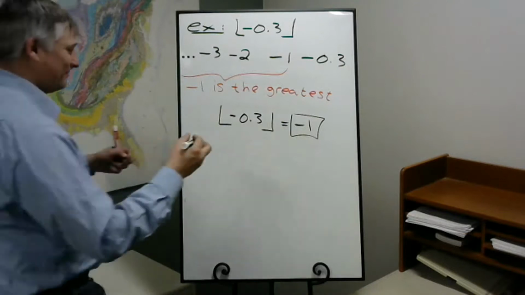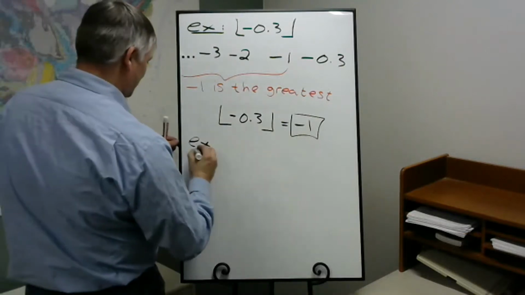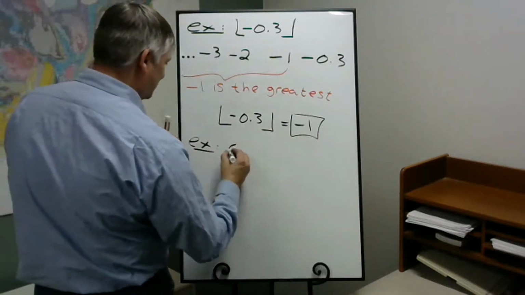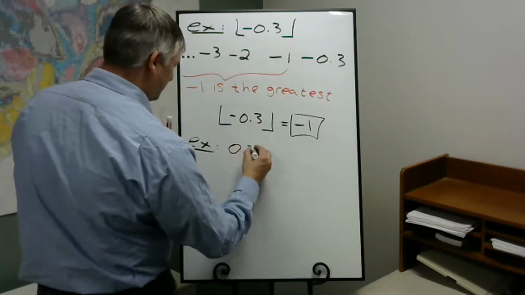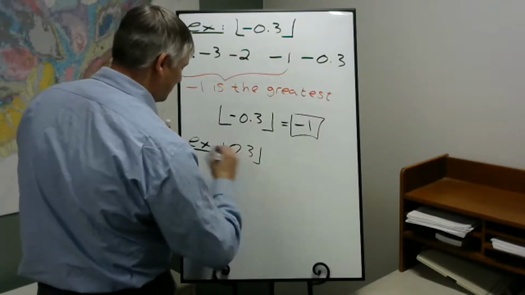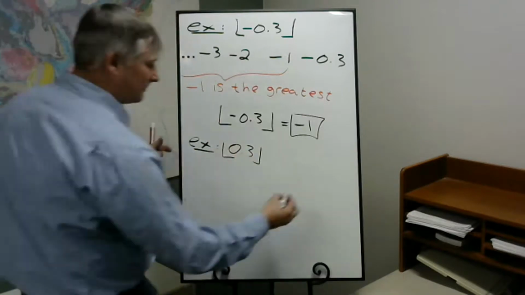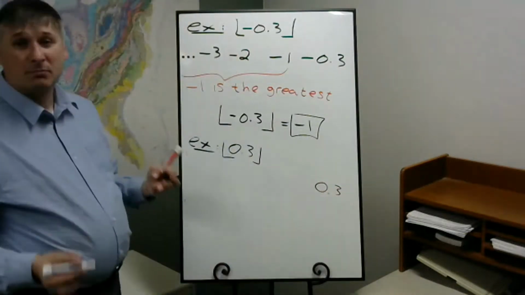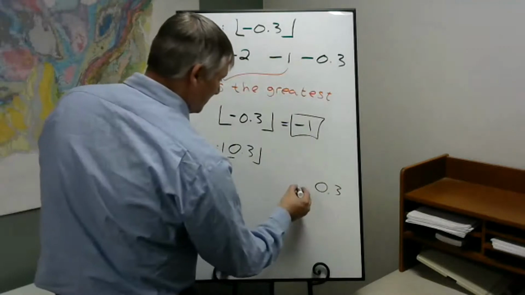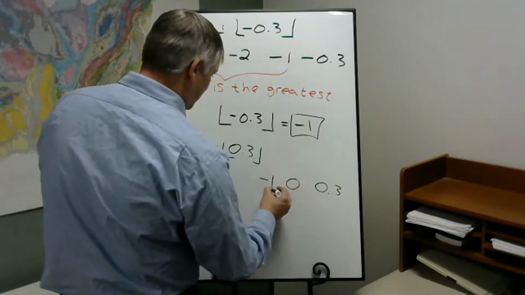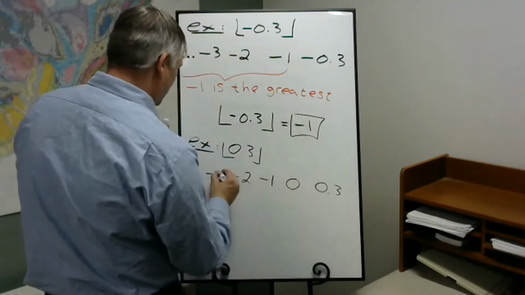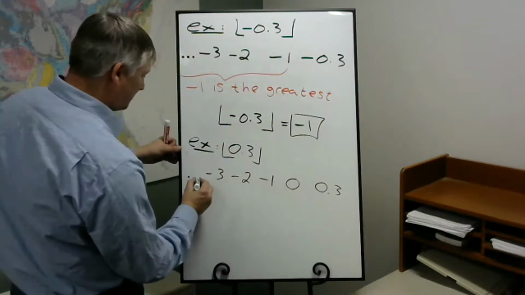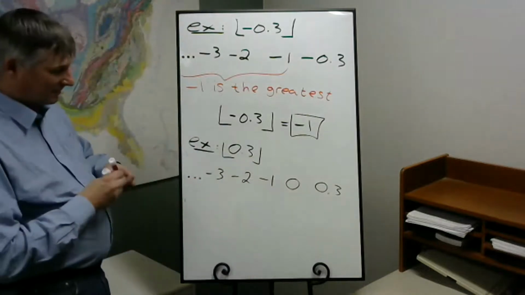One more. What about 0.3? Well, again, list the integers smaller than 0.3. Well, 0, -1, -2, -3, and so on.